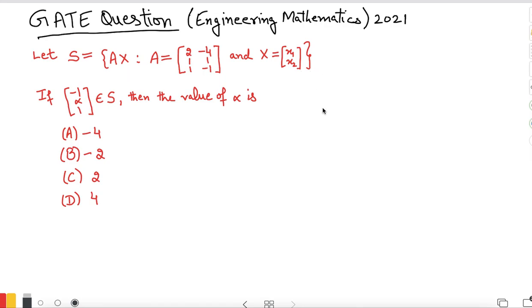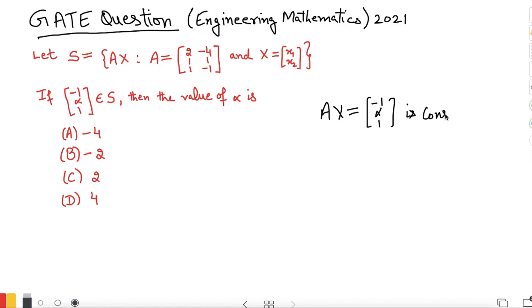So that means if I write Ax is equal to this vector, then this system should be consistent. Using this we can find the value of alpha for which the system Ax equal to b is consistent.